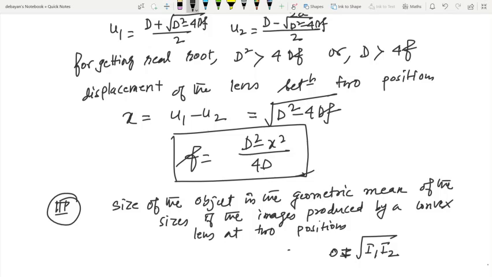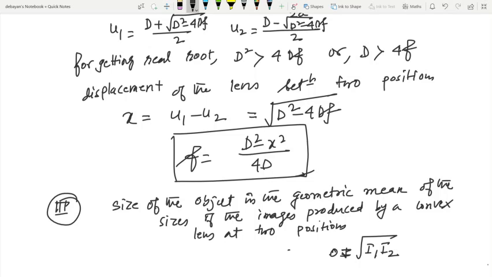What should be the conditions on the refractive index so that the lens becomes diverging?